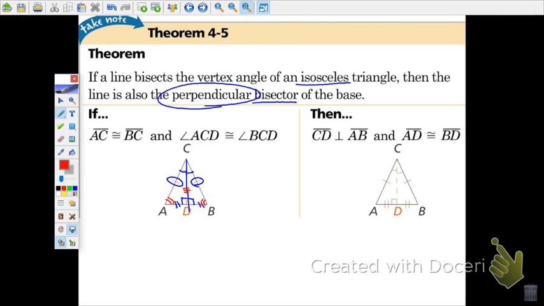I have all 3 pairs of sides that I know to be congruent. I have all 3 pairs of angles that I know to be congruent. So an isosceles triangle can be split down the center to give us 2 congruent triangles. That is what that theorem is showing us. We can split it right down the middle when we have an isosceles triangle and get 2 congruent triangles.